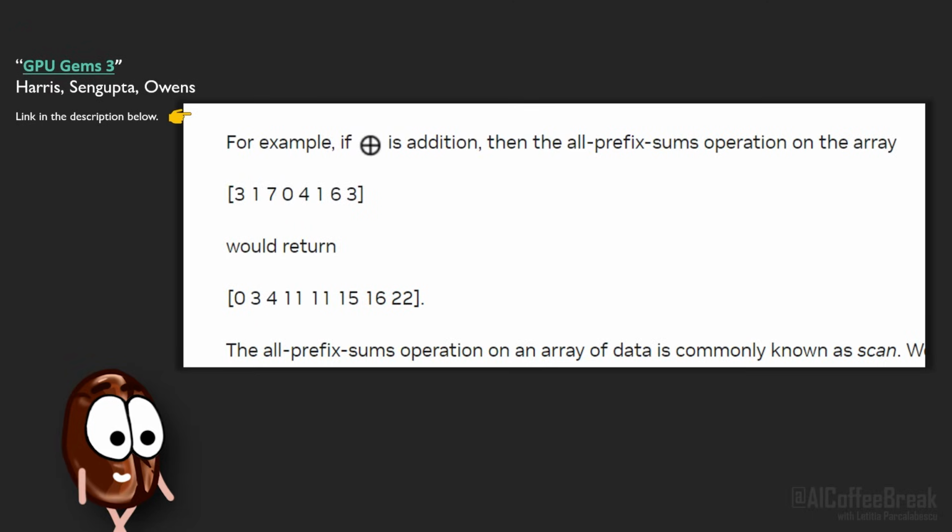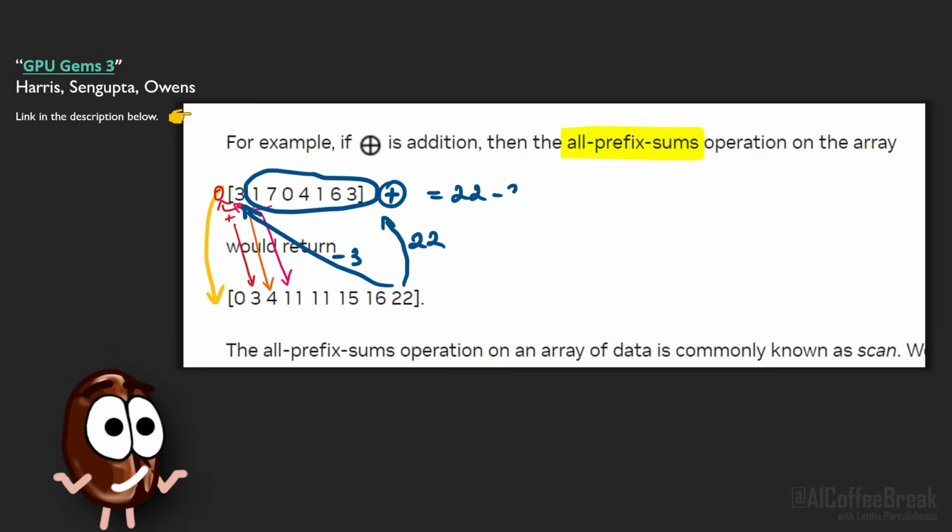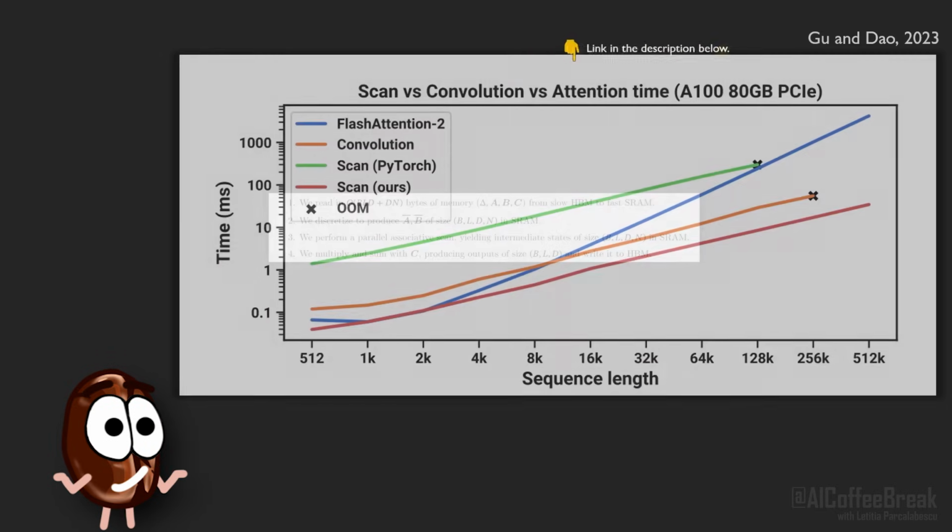If we have the array 3, 1, 7, 0, 4, and so on, and we want to compute sums of its elements, it is better to compute all the prefix sums first, meaning that we add 3 to its predecessor, so 0, then we add 3 to 1 and get 4, we add 7 to 4 and get 11, and so on, because now if we want to compute the sum of just the last elements, we just need to do 22 minus 3.